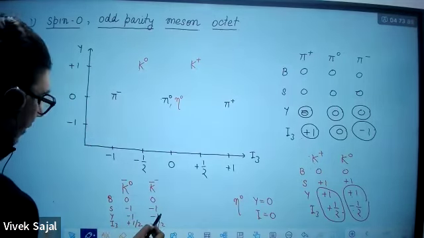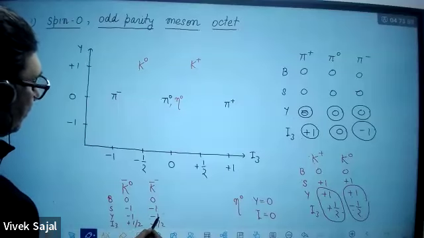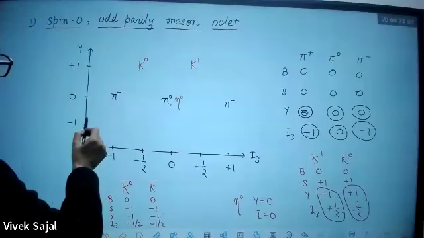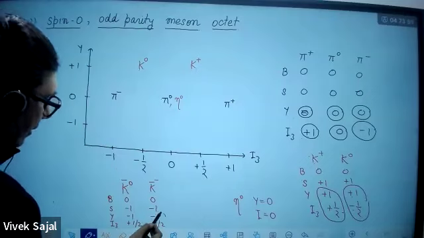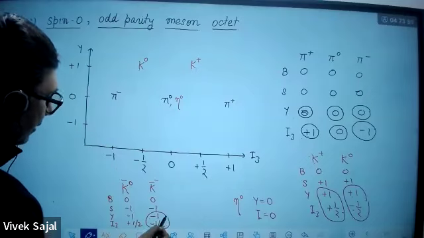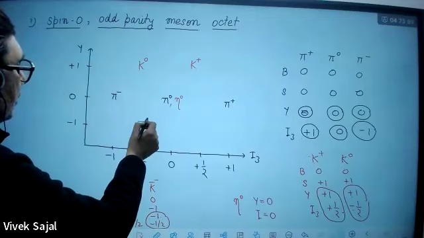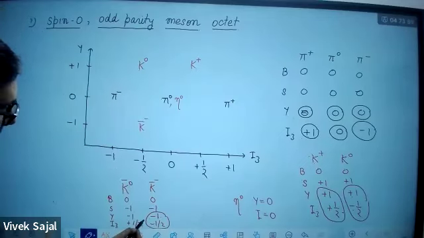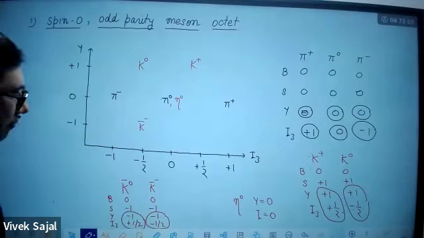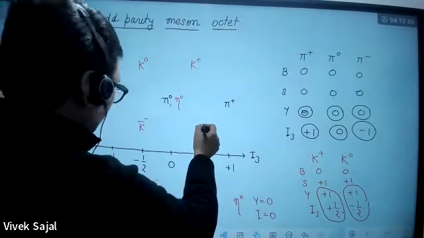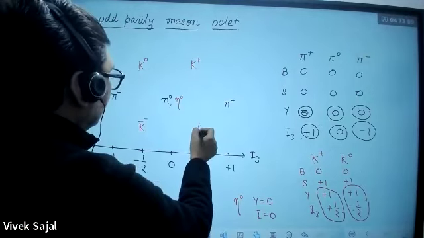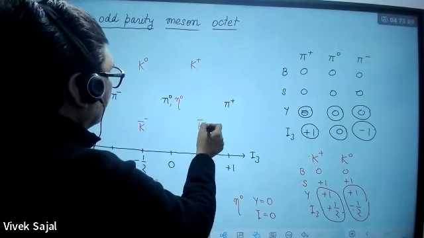First, this Y is minus 1 here, and this one is K minus. So it will be K bar minus here. If you look at this K bar naught, this will be plus, and here this will be minus 1. So this will be K bar naught.